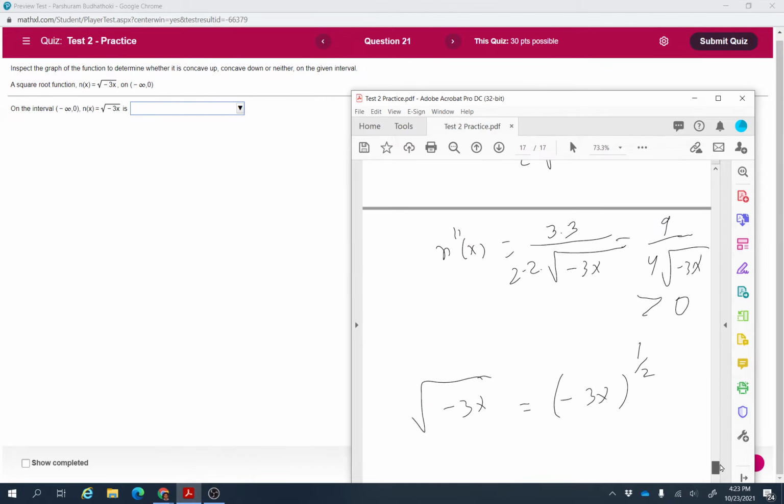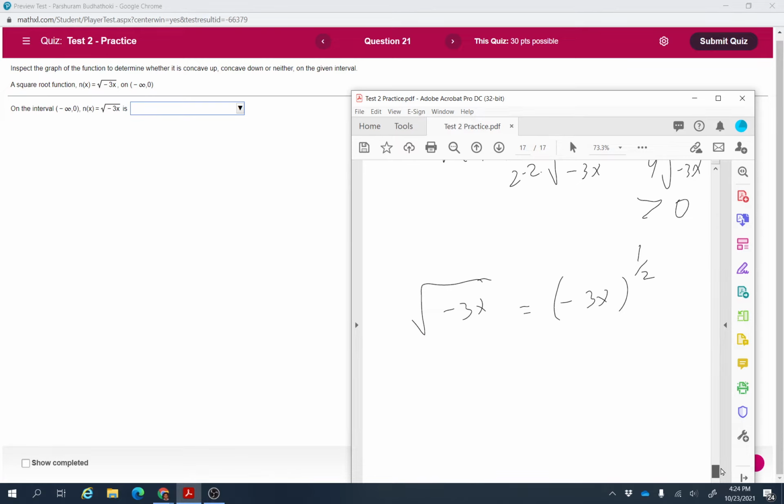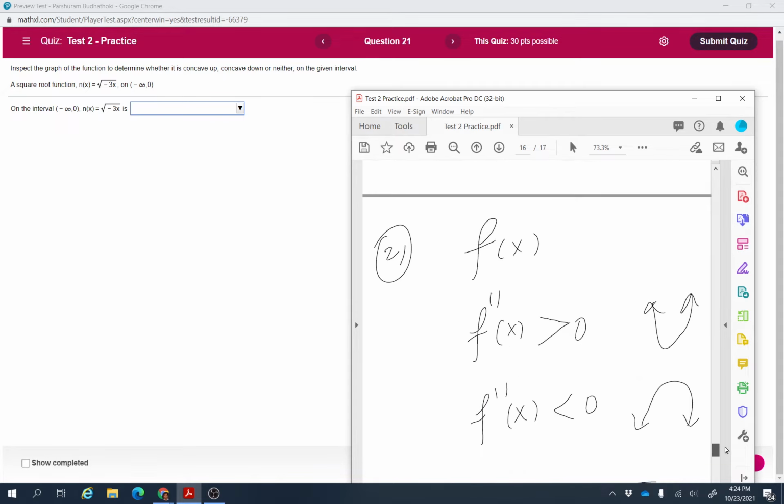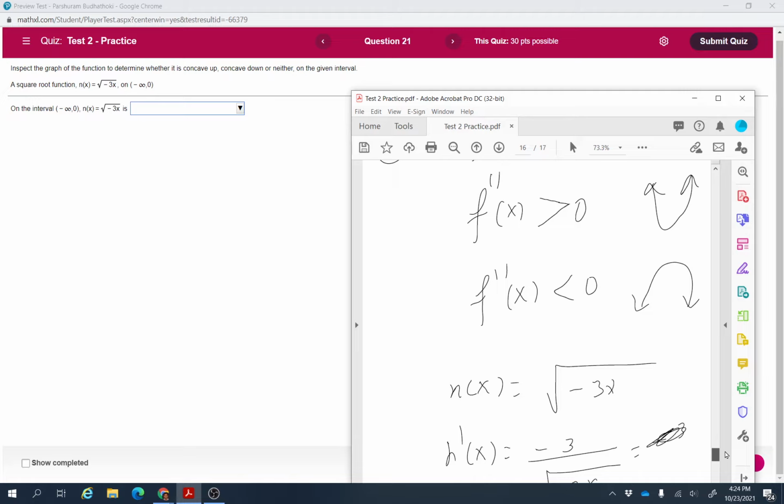Did I miss something here? If the second derivative is positive, then the graph should be concave up.